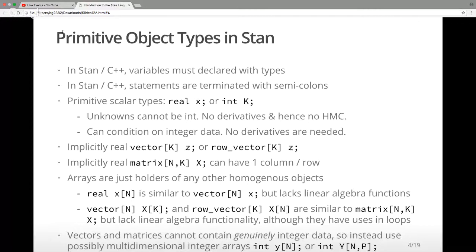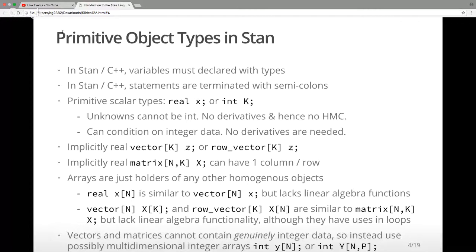Another thing in the Stan language are so-called arrays, in the C++ sense, and these are really just holders of homogeneous objects that are more primitive. So you can think of an array in Stan as being like a list in R, with the significant exception that all the elements of that list have to be of the same type and of the same size.